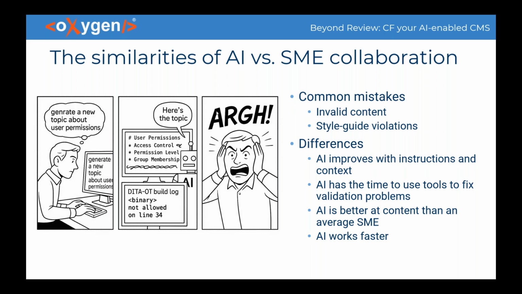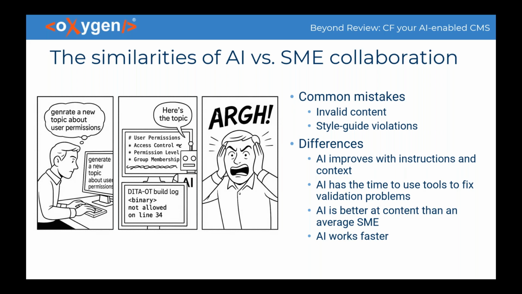So they tend to do the same kind of mistakes, like producing invalid content, like adding a link to an element that is profiled out or something, or not respecting our style guide. However, there are some differences between their approaches.